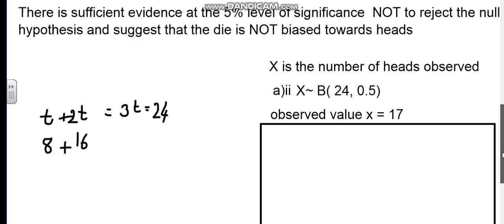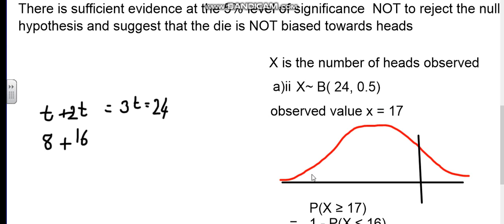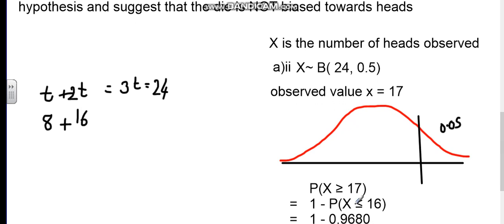So then I've got to work out... Here again, same diagram, we're looking at this end again, and this proportion up this end is 0.05. We're looking at the probability that x is greater than or equal to 17, because we need to see if it falls into this bit here. So again, we look up 1 minus x less than or equal to 16, which is 1 minus 0.9680.